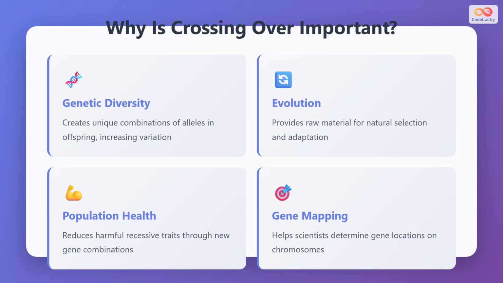Third, it contributes to population health by reducing the prevalence of harmful recessive traits through new gene combinations. This shuffling can separate harmful mutations from beneficial ones. Fourth, crossing over helps scientists with gene mapping, which is determining the locations of genes on chromosomes. The frequency of crossing over between two genes indicates how far apart they are on a chromosome, providing valuable information for genetic research.